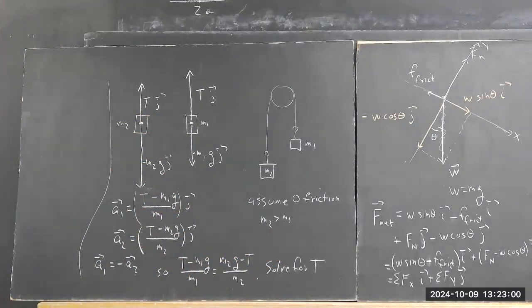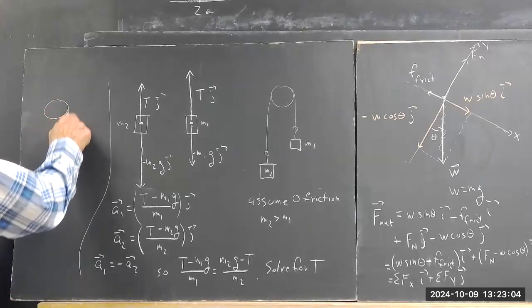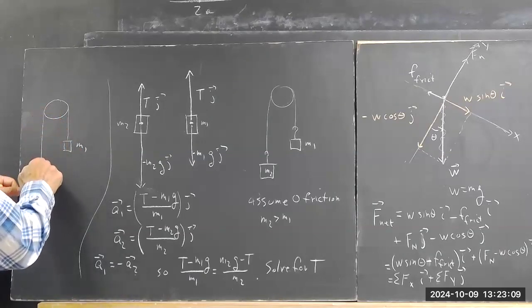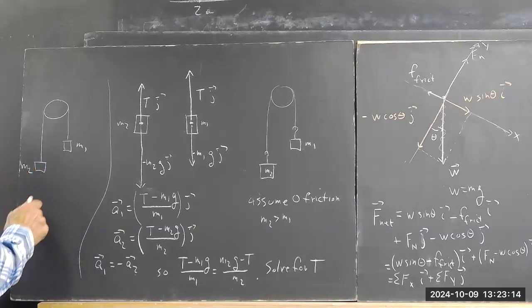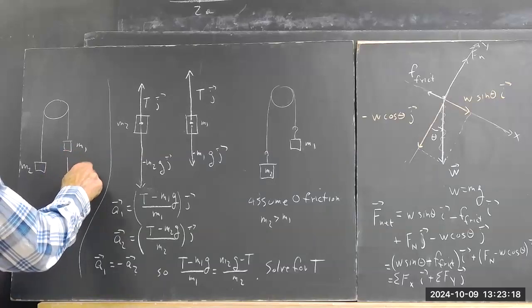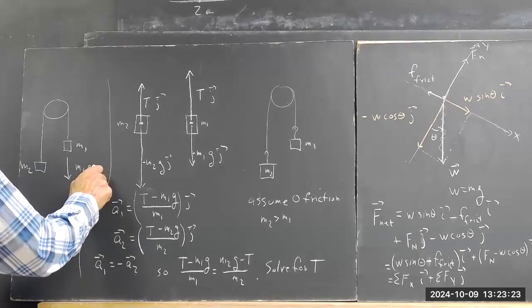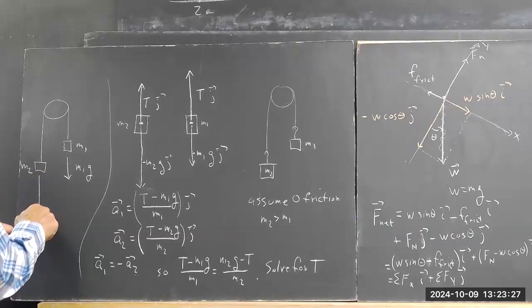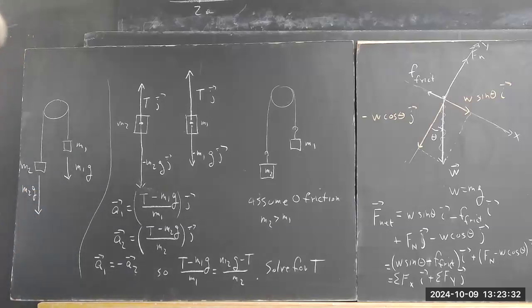Okay, another way to analyze the Atwood machine. Call this force M1G here, and force M2G here.